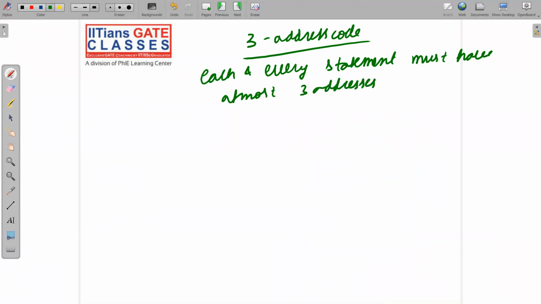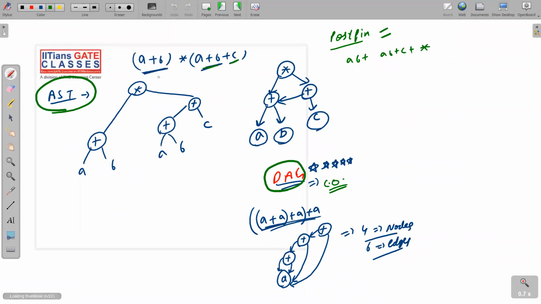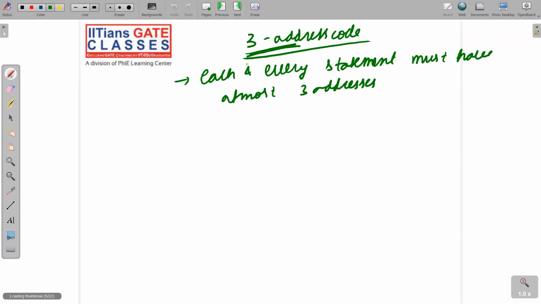That is the basic condition in 3 address code. As the name suggests, each and every statement must have at most 3 addresses. So let me take A plus B, star, A plus B plus C.